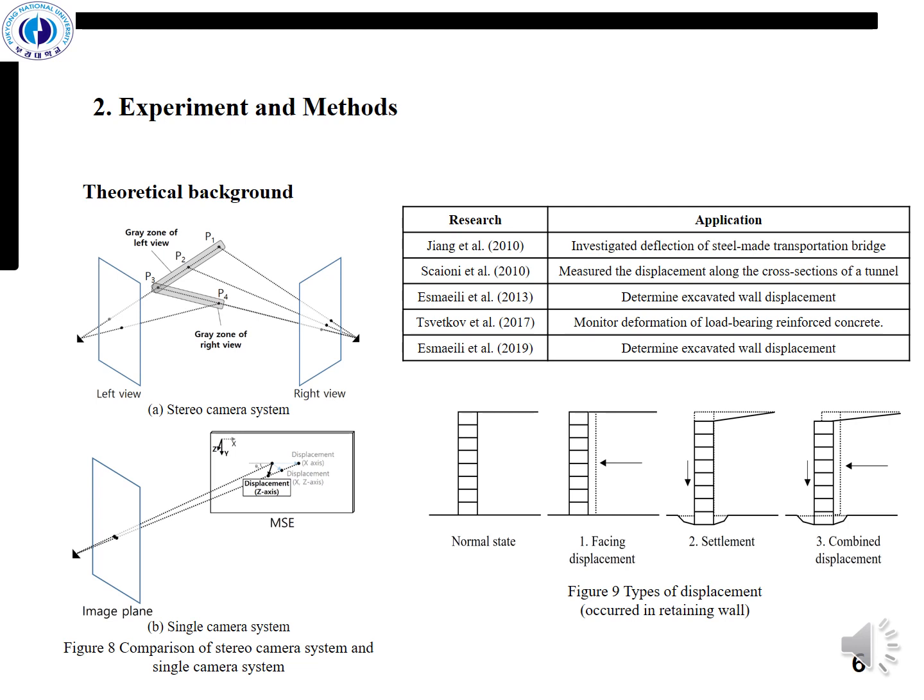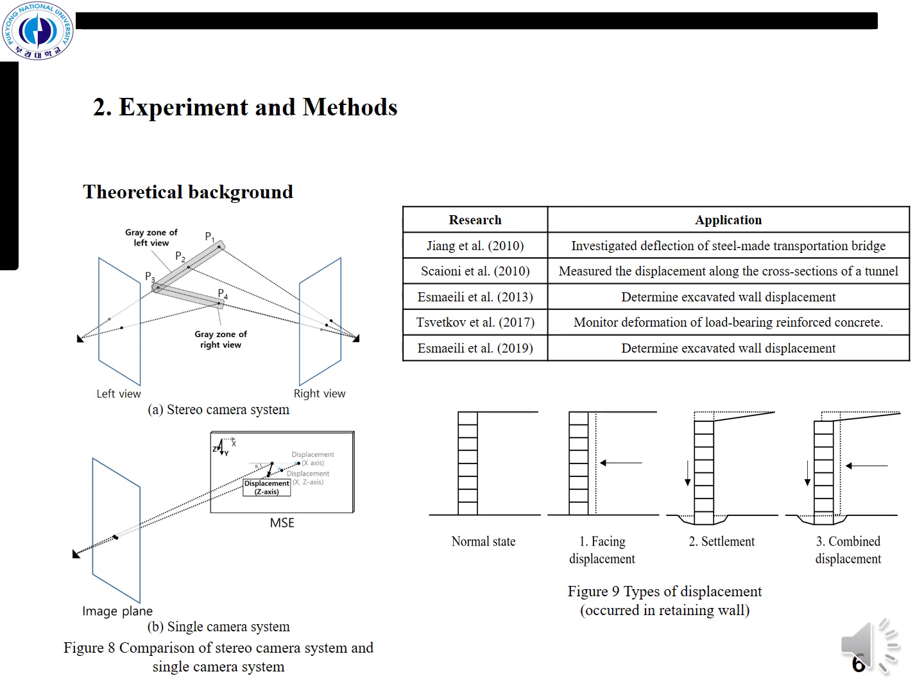In this study, only the basic displacement and settlement were considered, so we can calculate the displacement by using a single view of the images. Those displacement types of retaining walls were defined based on the documents listed in the table.